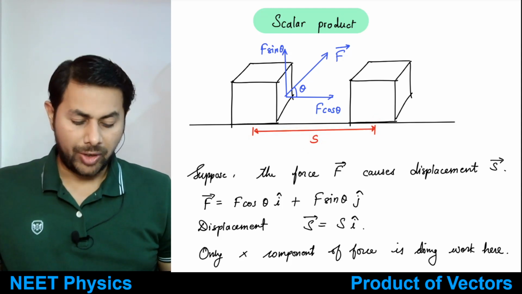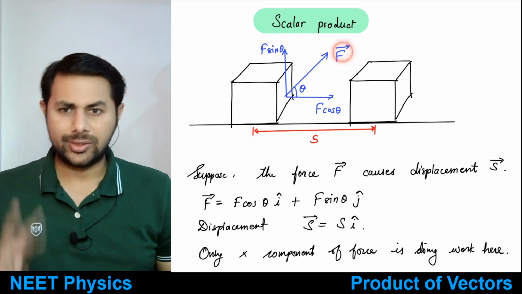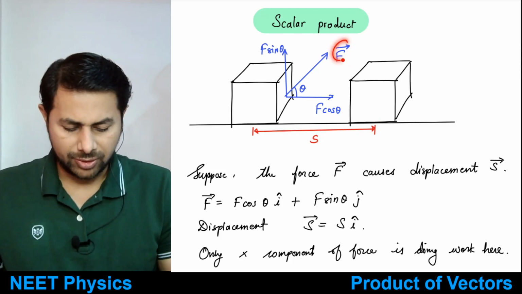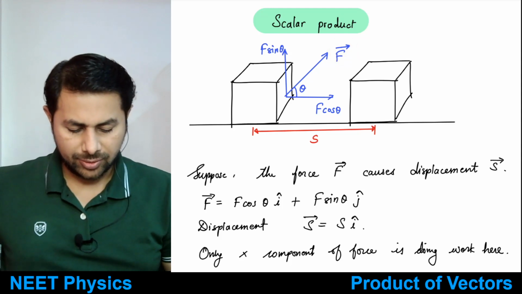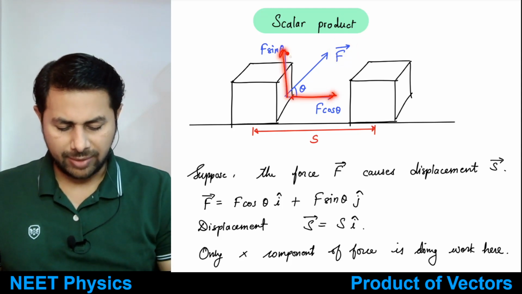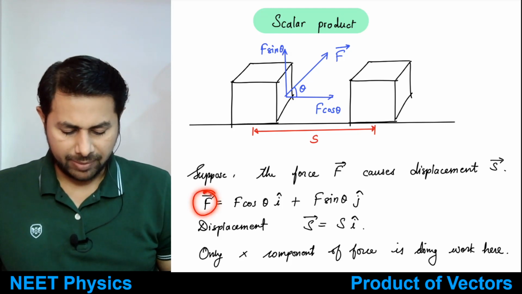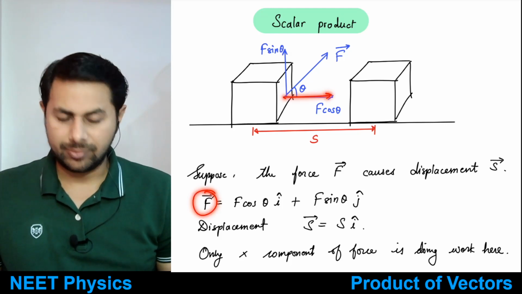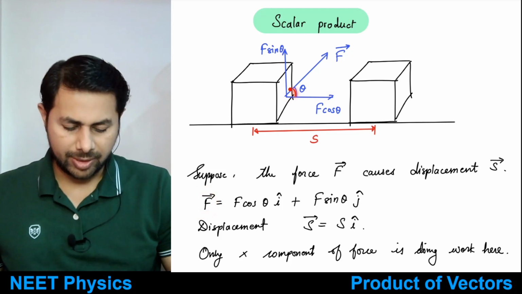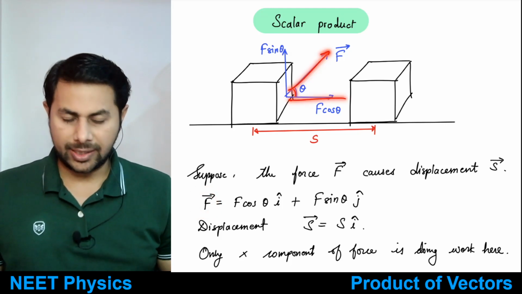So now what I can do is resolve this force along two components. This is the x component and this is the y component, right? So the force can be written as F bar. What is theta? Theta is the angle made by F bar with the x axis.